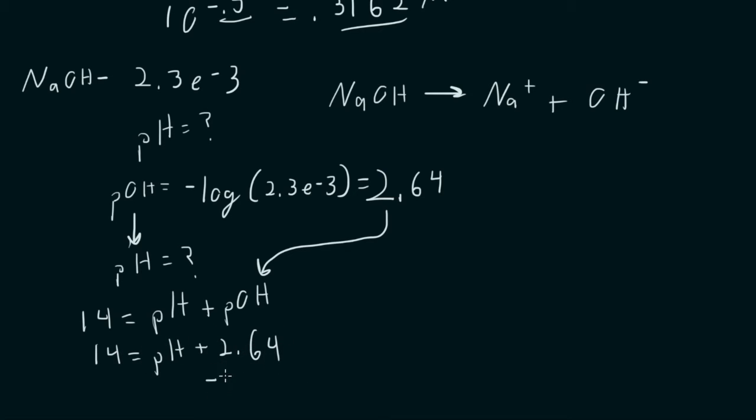So I can just subtract 2.64 from both sides. And so my pH will be 11.36. Now remember, anything above a pH of 7 is going to be more basic. So let's do a couple more of those.